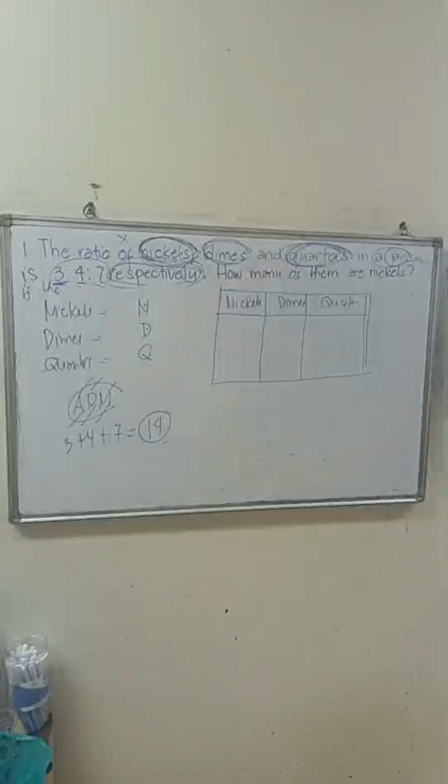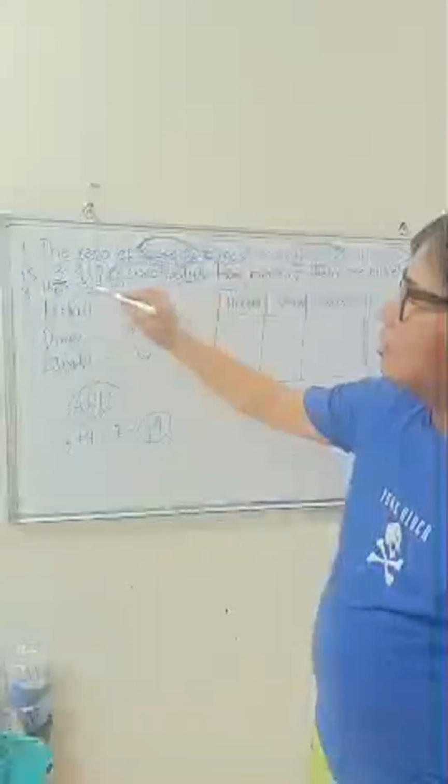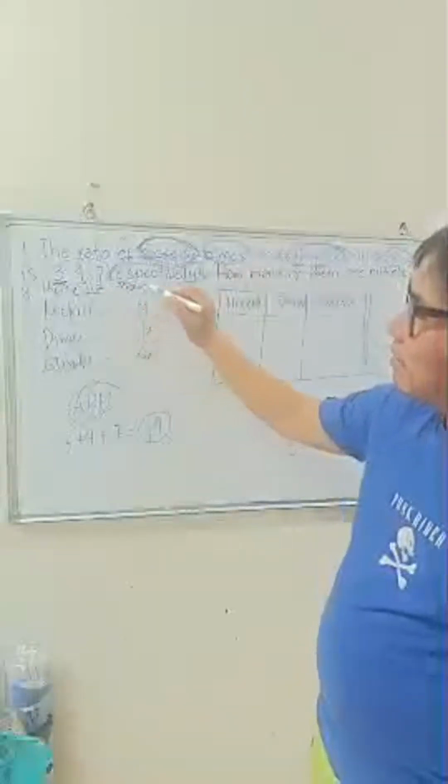Sorry po. So let's have an example. How many of them are nickels if there are 112 inside the jar? There are 112 of these mentioned in the jar. If there are 112 money in the jar.